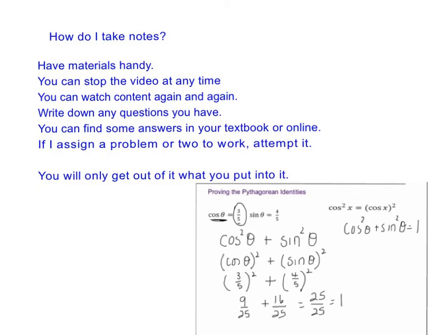Well, I've included down here a screenshot of one of the videos that we did later on, I think it's Chapter 5 actually, proving Pythagorean identities. You can see here that I've got the basic screen, and then I begin, just like I'm in this video, talking over it. These are the kinds of things that you would copy down into your composition notebook. Everything goes into the composition notebook.